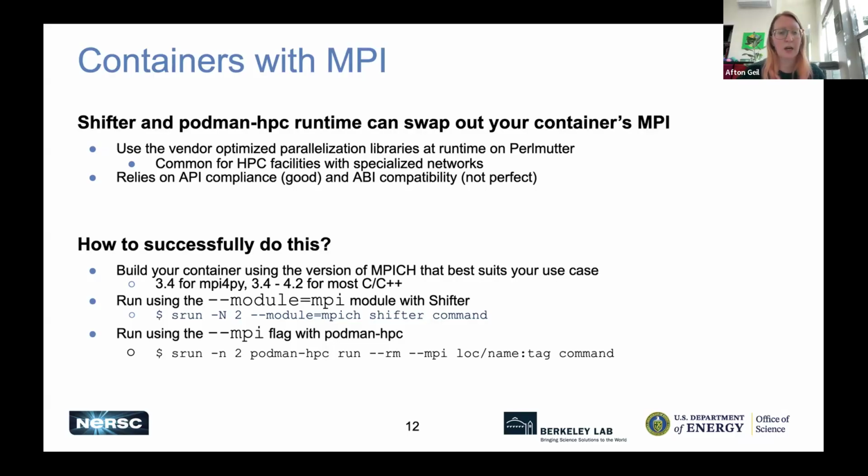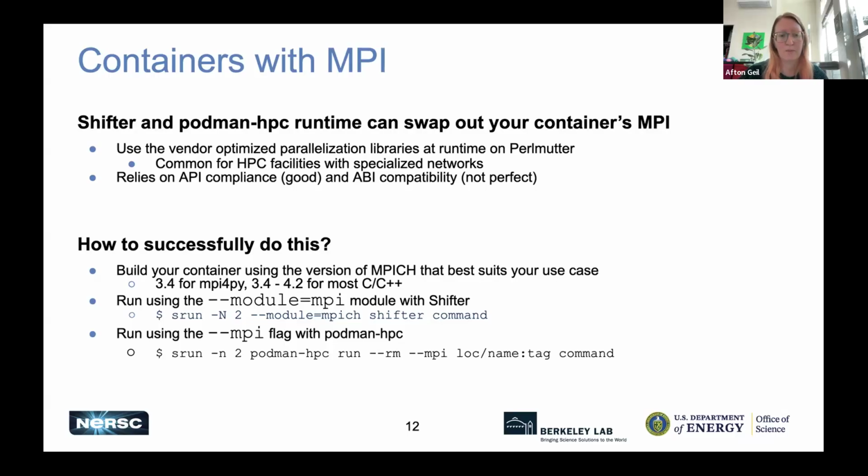The MPI will probably run, but there's no guarantee that it will run well, because currently API compliance is good, so it will run, but ABI compatibility is not exactly great at the moment.